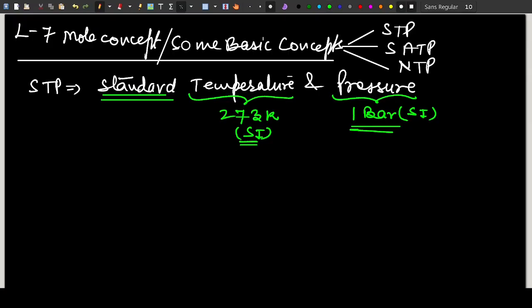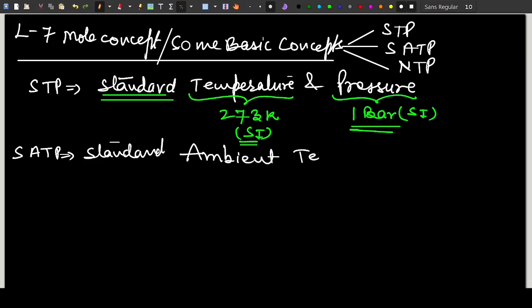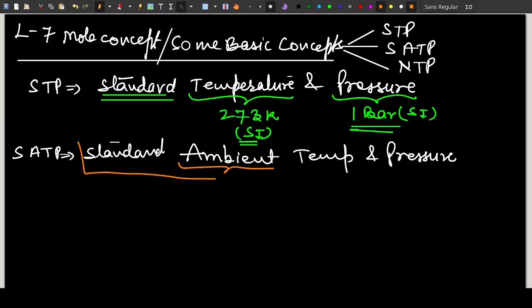Now friends, SATP. It is standard ambient temperature and pressure. Ambient is the important word. So here we are taking standard and ambient.